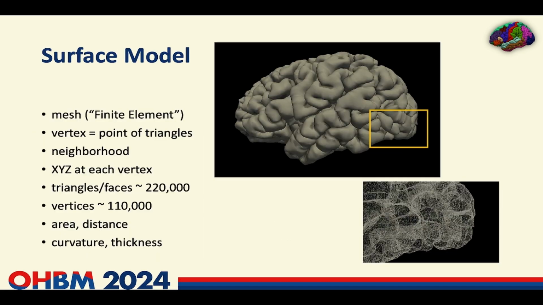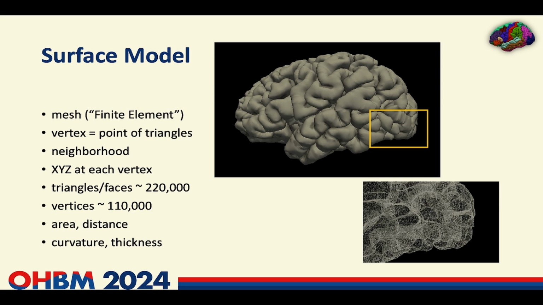And you have seen this mesh model before, but I wanted to emphasize, our surface model is basically a dense mesh. We call a vertex a key component, so instead of a voxel, which is an element of the volumetric representation, we work with vertices here, which is a point of triangles.